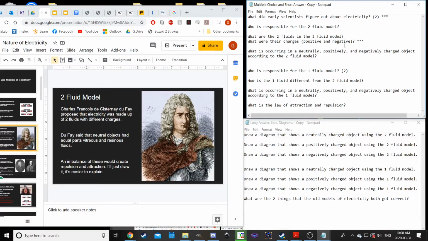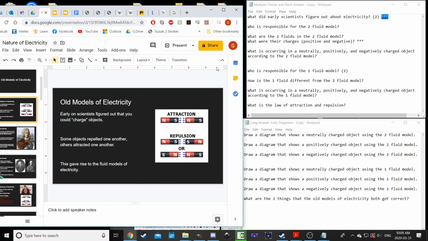And once you go through all the questions, you can go back through them doing just the star ones. Because if you already know this one, you're good. But this one you didn't know. So do the star ones. And if you're like, okay, what did the early scientists figure out about electricity? I still don't know. You leave the star there and you check the answer. Then you keep going. What were their charges, positive or negative?